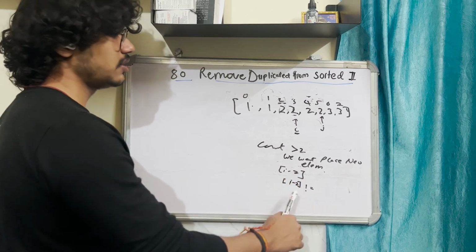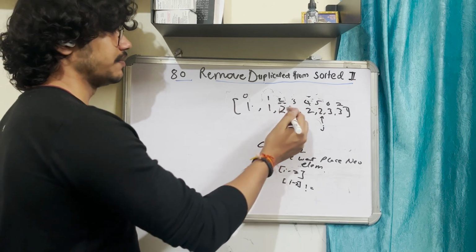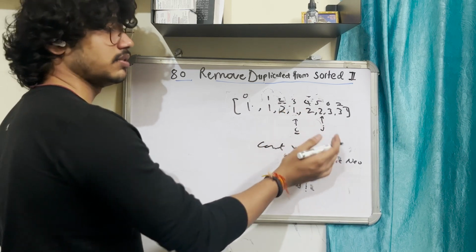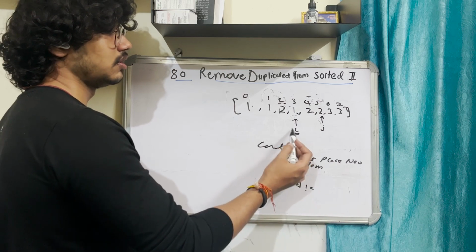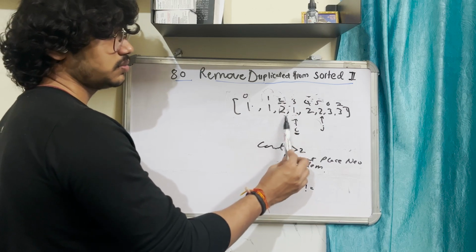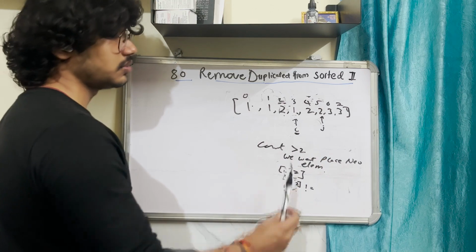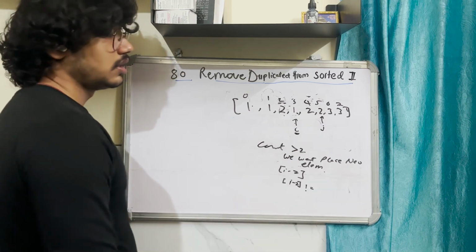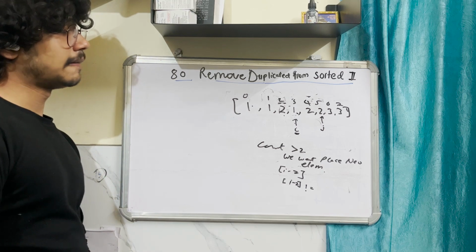Why are we doing I minus 2 rather than I minus 1? As you saw earlier, 1 was here, and j was here. If you did I minus 1, you would check with this. So is 2 equal to 2 or not, which will be 4, so you won't be able to solve it.